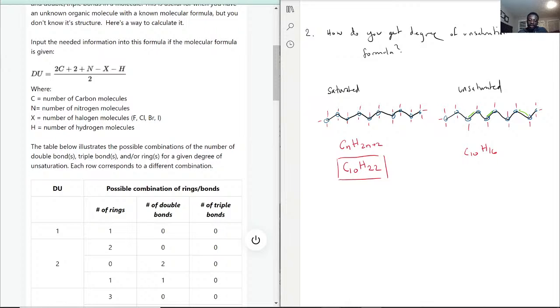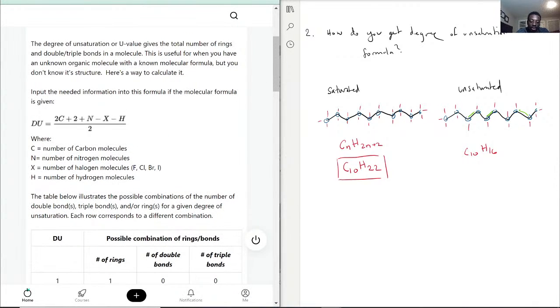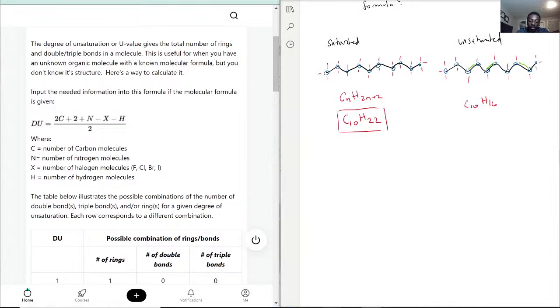Okay, so with that being said, that's what it means to be unsaturated. Now what they've done is they've given us a very nice formula to be able to find out the degree of unsaturation. I was able to work on this off screen, and I do know this is correct. So to find the degree of unsaturation, aka how many bonds or rings you should be looking out for, you use this formula here.